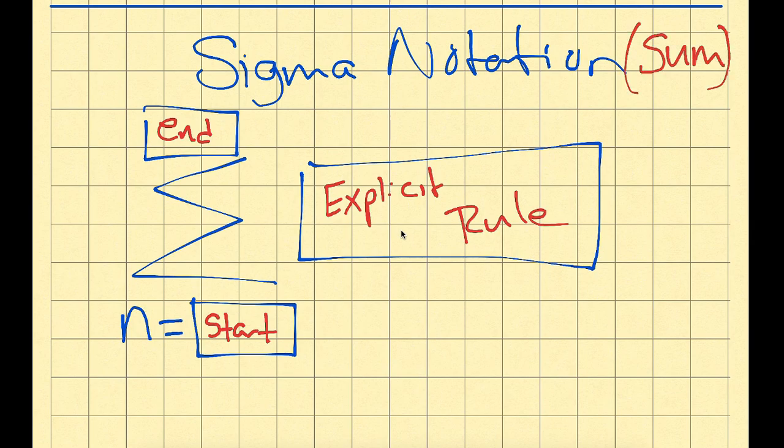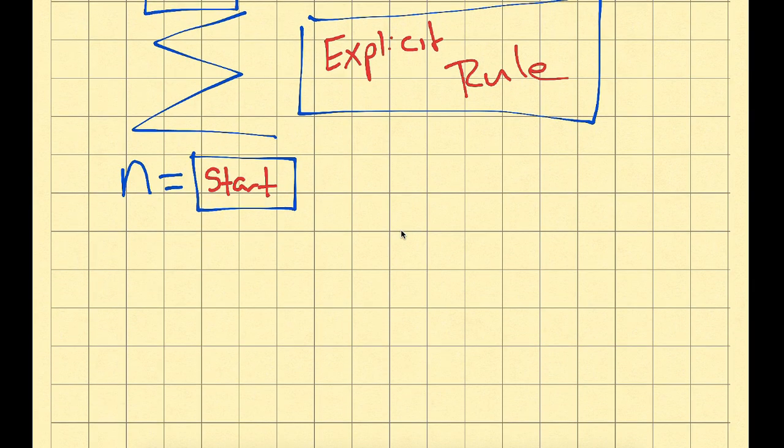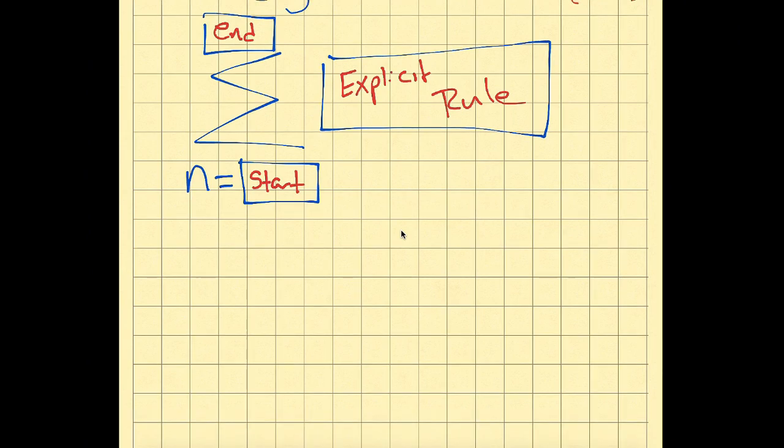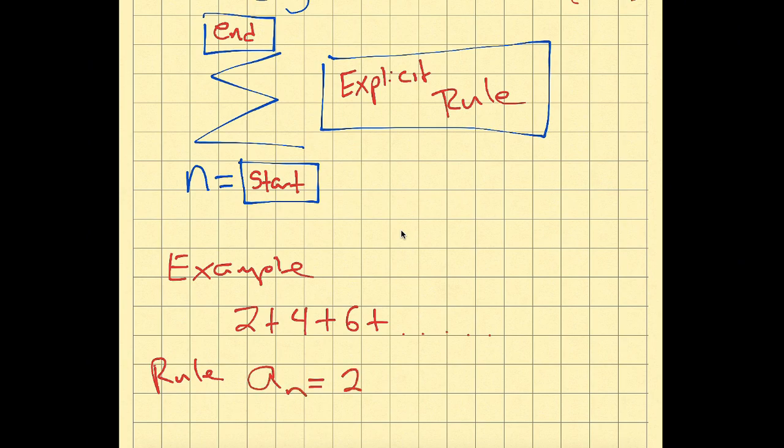So we need an explicit rule, a start, and an end. It'd be like if I gave you an example real quick: 2 plus 4 plus 6. We know this is arithmetic, and we know our rule would be the first term plus n minus 1 times the common difference.